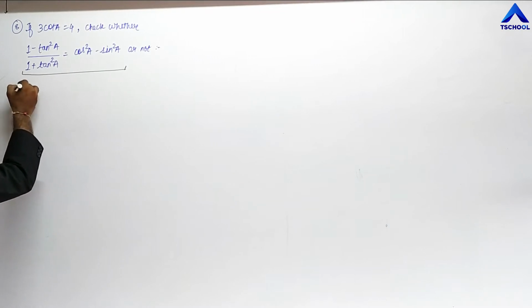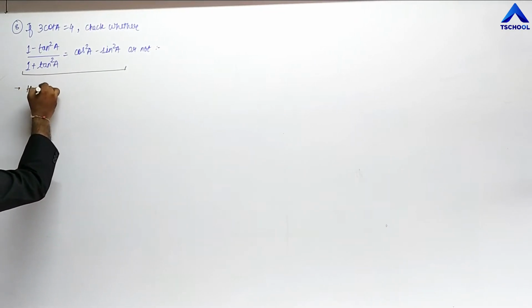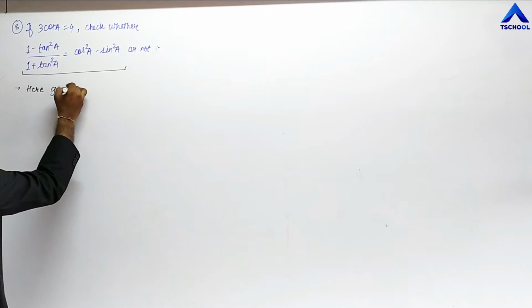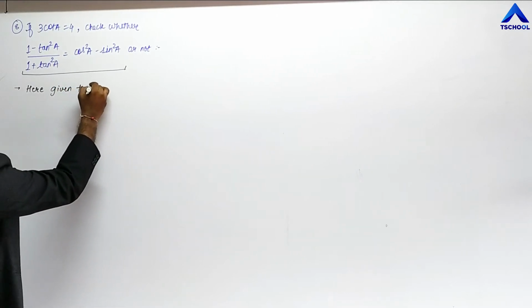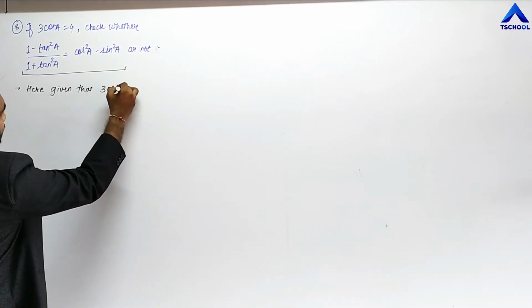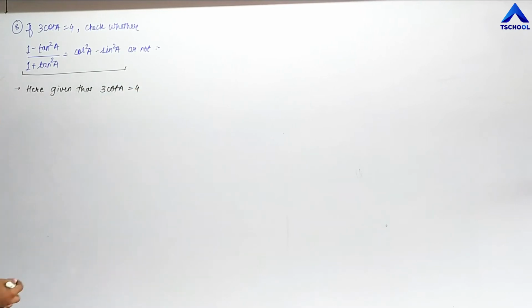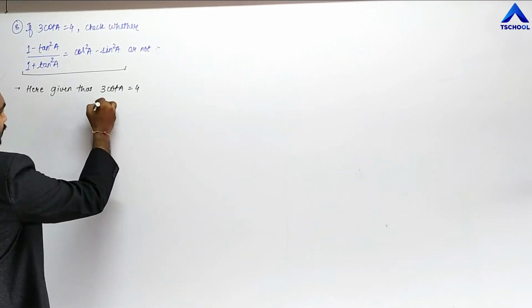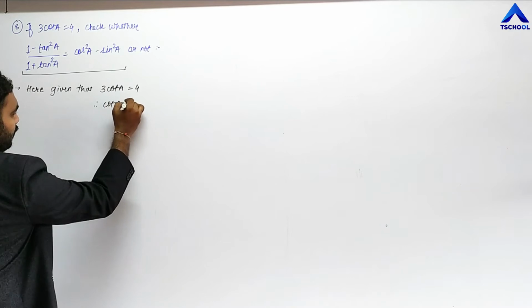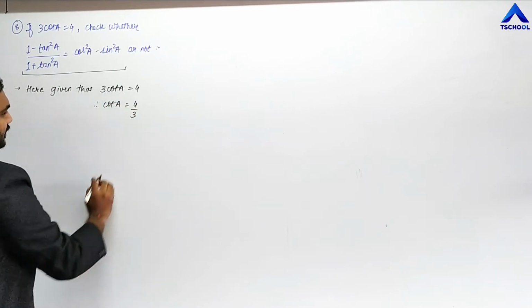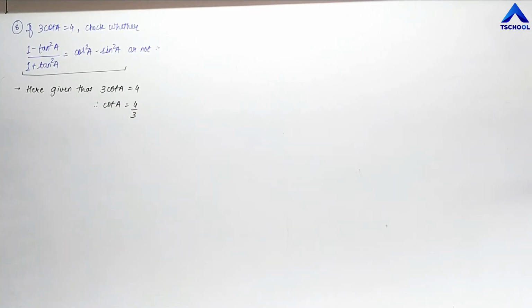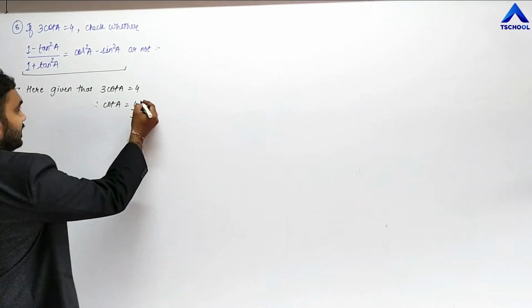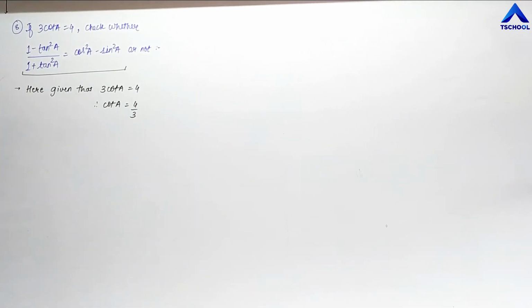So here the solution goes like this. Given that 3 cot A is equals to 4. Therefore, cot A is equals to 4 upon 3, you can say. Yes or no? And what is the ratio for cot A?